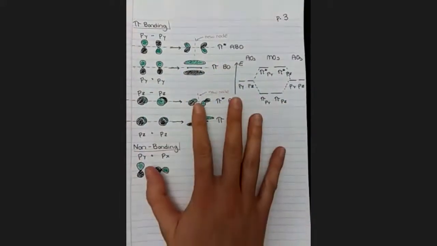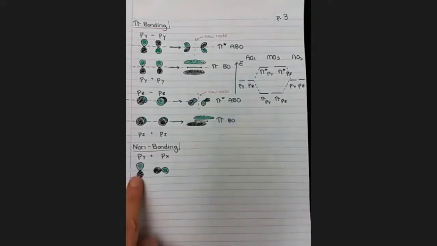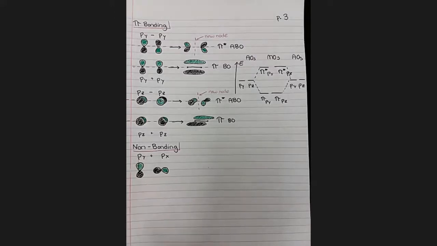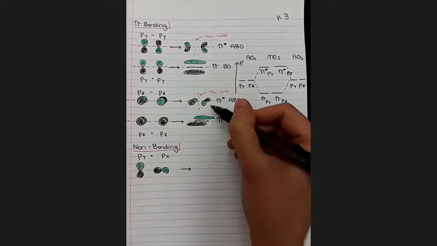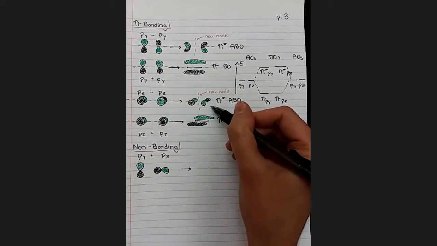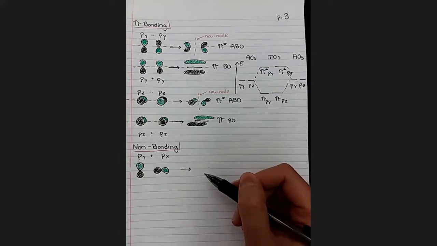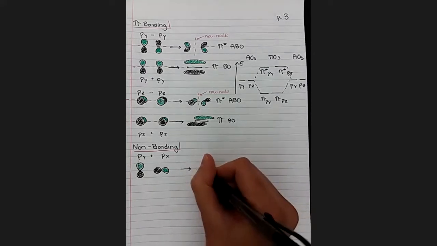There we go. So this orbital points along the y-axis, and this orbital points along the x-axis. So this is not going to lead to a useful bonding interaction or an unuseful bonding interaction. It just leads to no bonding interaction.